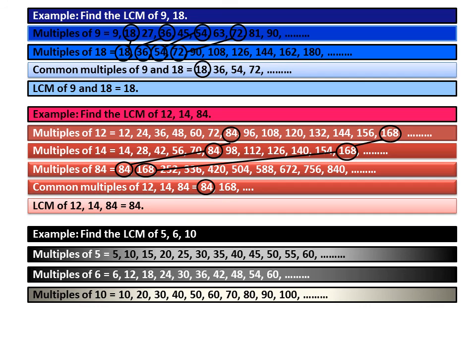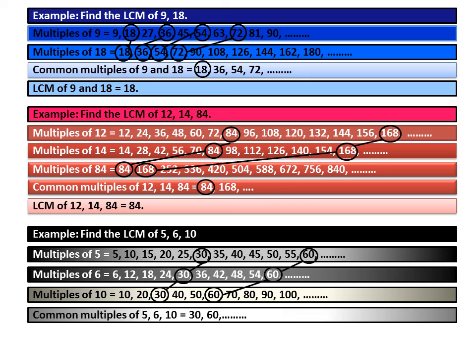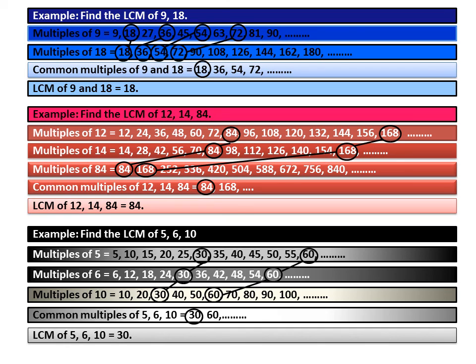Multiples of 10 are 10, 20, 30, 40, 50, 60, 70, 80, 90, 100 and so on. So the common multiples of 5, 6 and 10 are 30, 60 and so on. Thus the LCM of 5, 6 and 10 is 30.